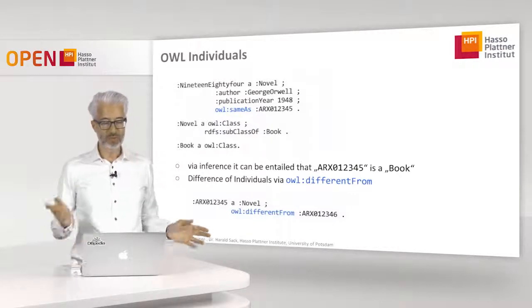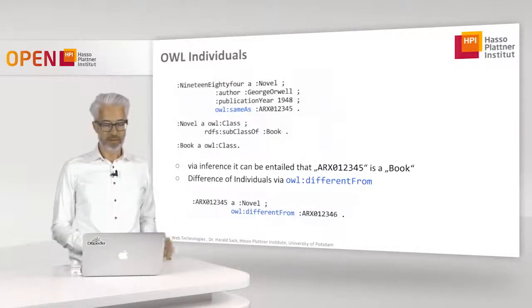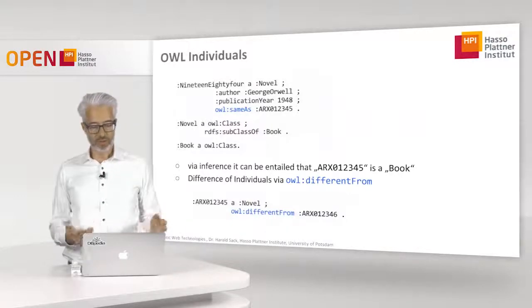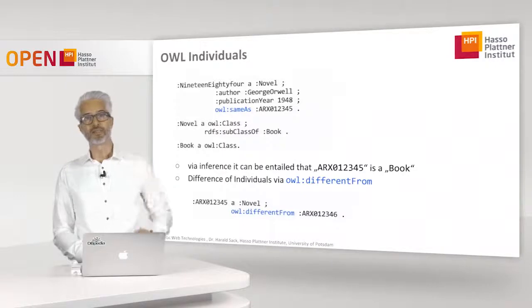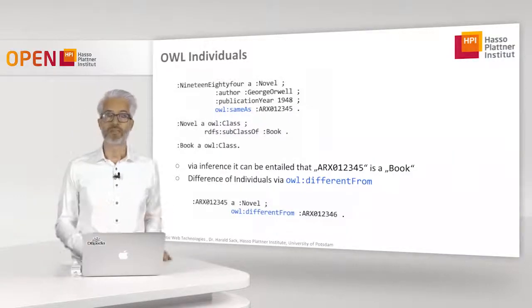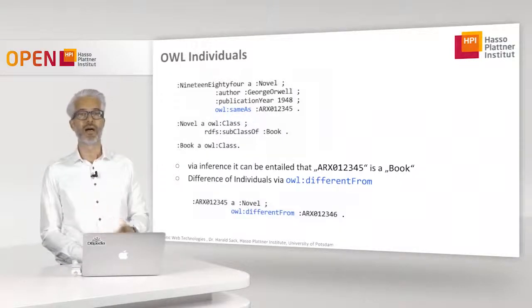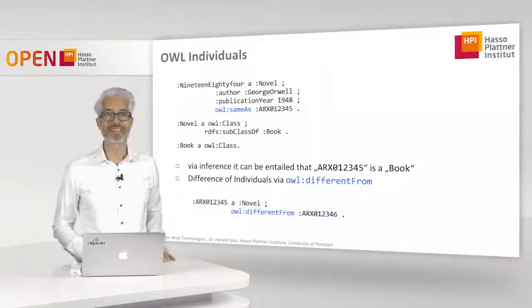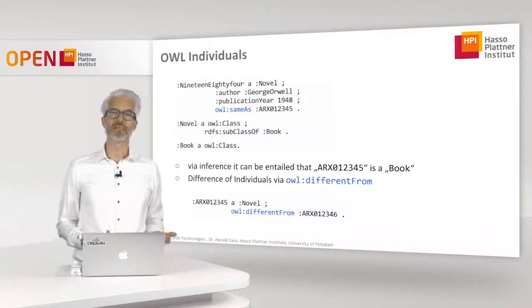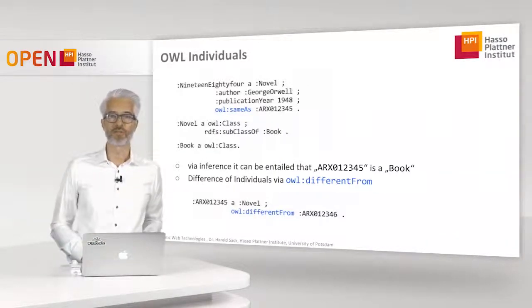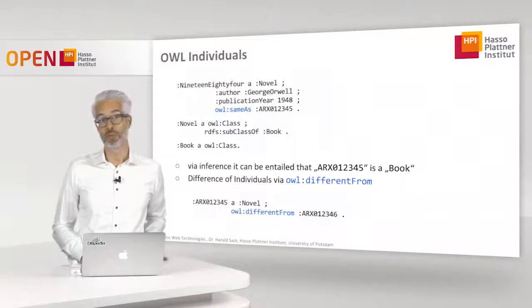Then we say Novel is a class and Novel is a subclass of Book, and Book is also a class. The interesting thing is, simply via this equivalence or sameAs relation that we defined between 1984 and this ARX identifier, we can also deduce that ARX 012345 is a book in the same way as 1984.